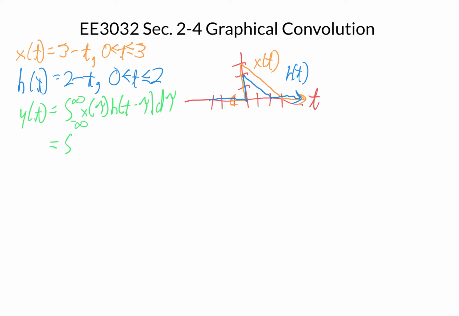As your book shows, we can do a variable substitution. We can substitute in the variable t minus tau as an auxiliary variable, and we'll rename that variable t. And if we do that, and we carry through the substitution, and I'm skipping the derivation here, our argument to the x function becomes t minus tau, and we end up with d tau there.